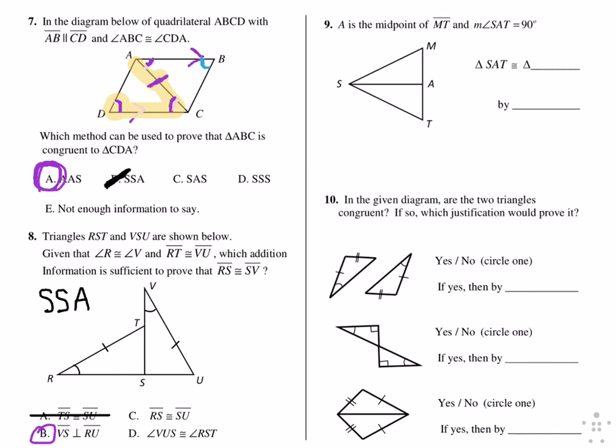I thought I had angle, angle, side. I didn't mean to erase that. All right, the last one says angle VUS right here is congruent to RST right here. And again, that one doesn't work because look, here we have angle, side, angle.